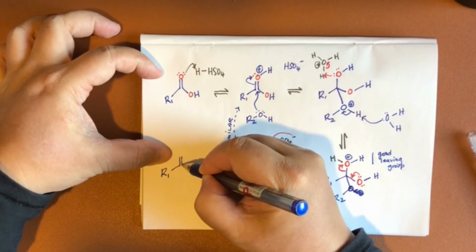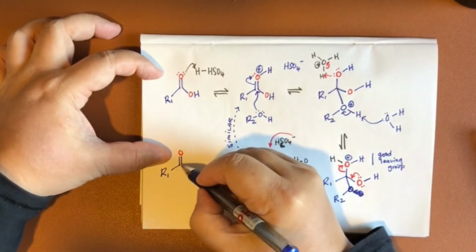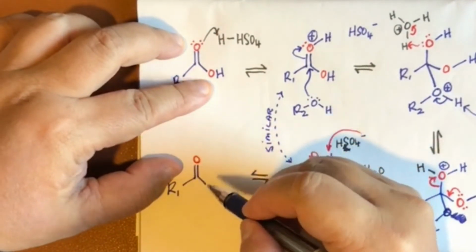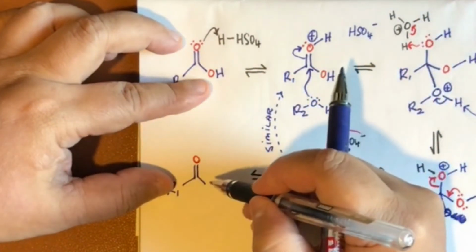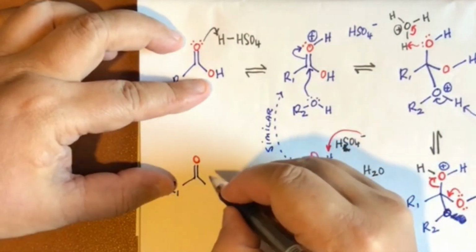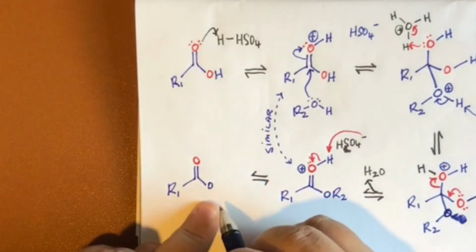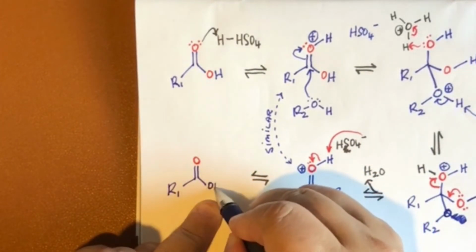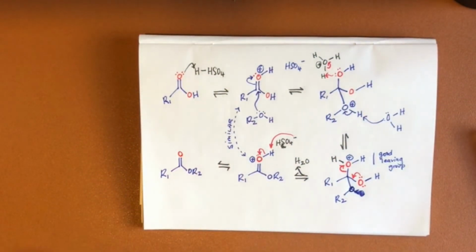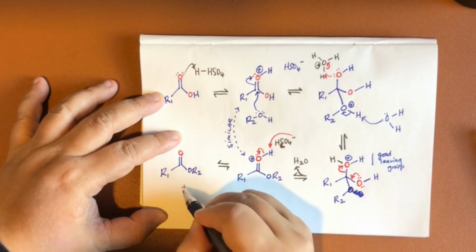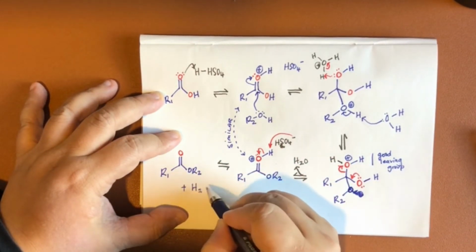Now we also end with the same species, but instead of the red oxygen, OH, we have the blue, which is coming from the alcohol, and we have the R2 instead of the OH group. We also have the catalyst, sulfuric acid, regenerated.